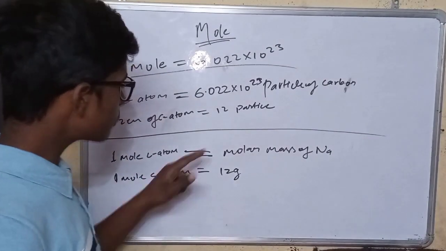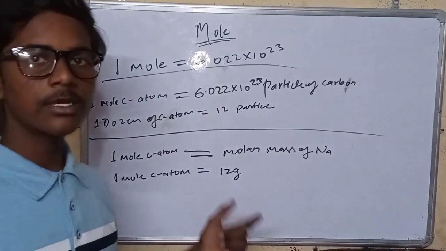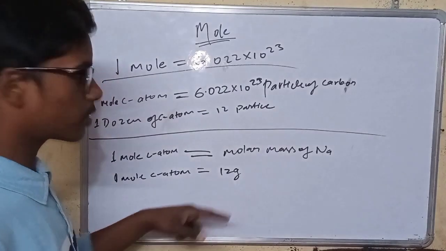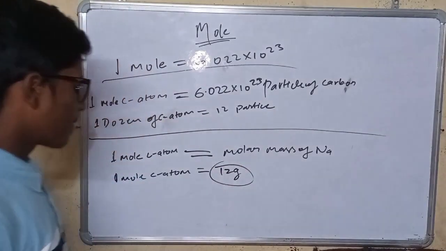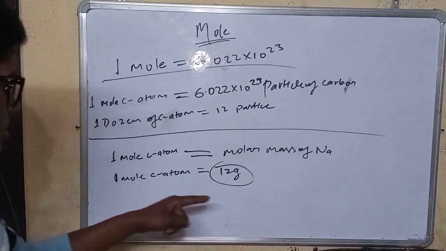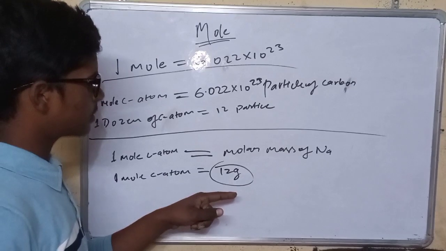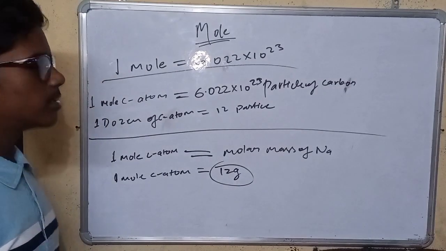Therefore we find molar mass through the molecular mass, but we replace the u with g. It is most important, so please be careful. So 1 mole is equal to this many grams, that is the mass of 1 mole. Now let's go.